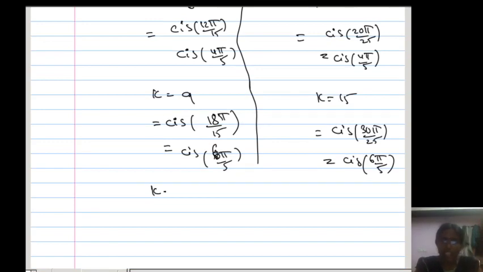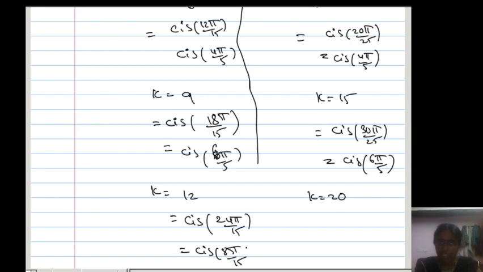Similarly, if I take k is equal to 12, here k is equal to 20, you are getting the same common root. So 12 2 ja 24 by 15, that is 8 5 by 5. Sorry, 8 5 by 5. Here 45 by 25, sin of 8 5 by 5 again.